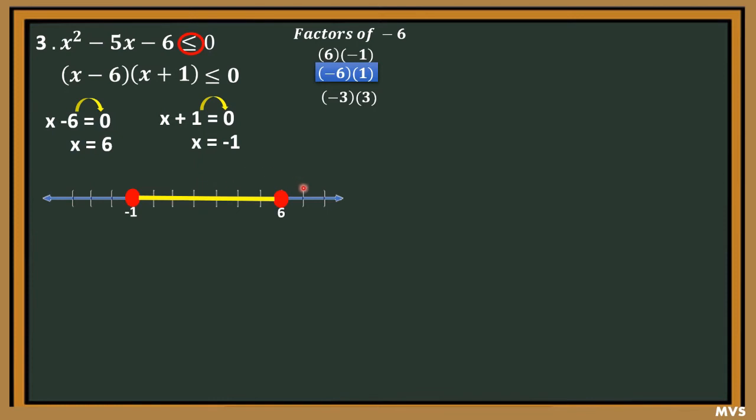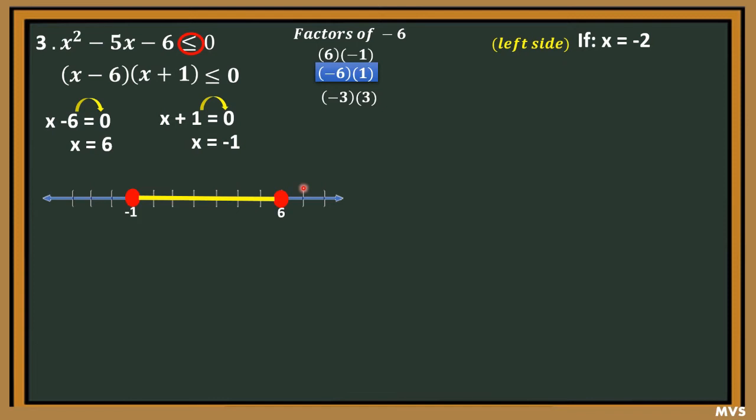Let us use the left side. You can choose any number from left side of negative 1. So I'll choose negative 2. I'm going to use the factor form for checking instead of the original inequality.